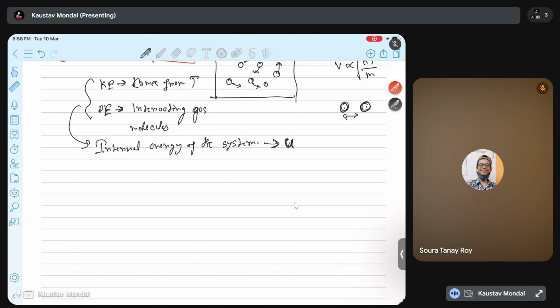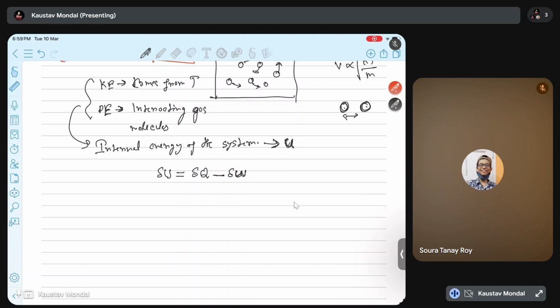Denoting the change in internal energy as delta U, delta U equals the change in heat dQ minus the change in work done, delta W. This is for a closed system.